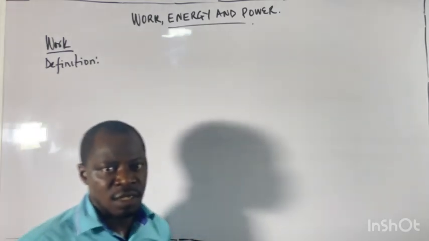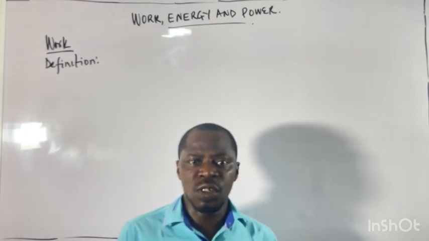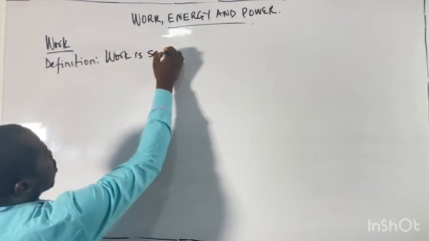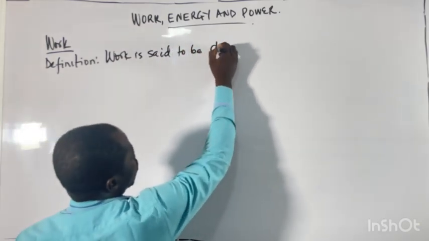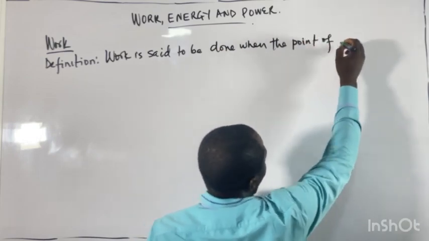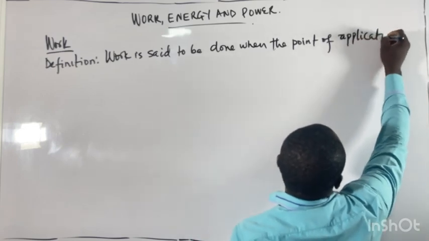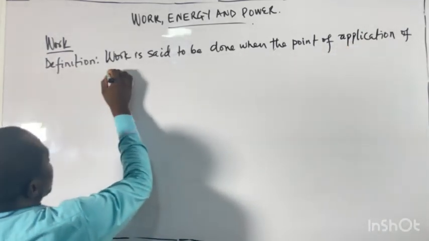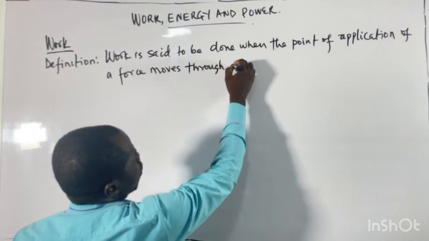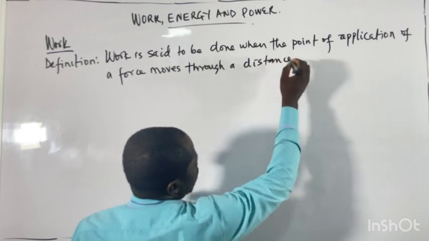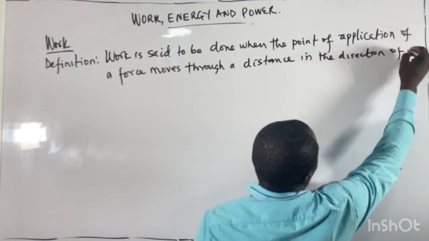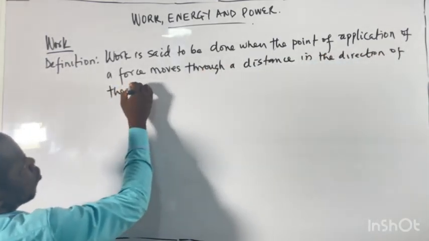Work can be defined as: work is said to be done when the point of application of a force moves through a distance in the direction of the force.